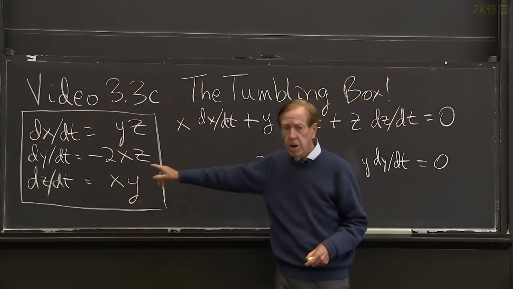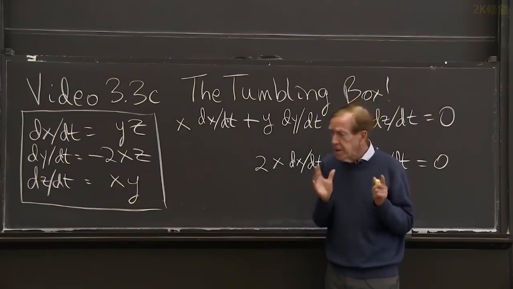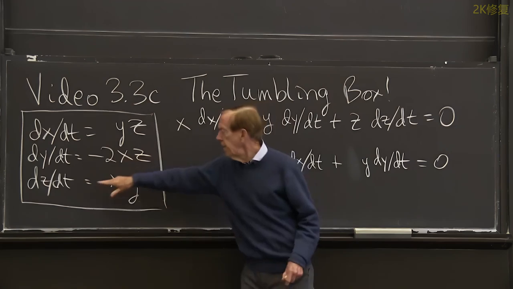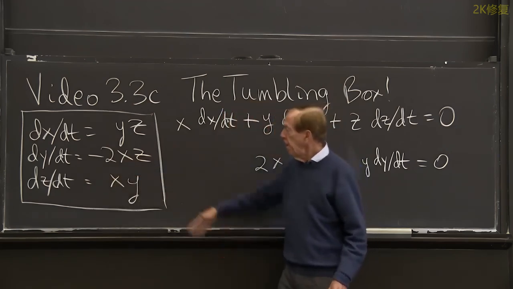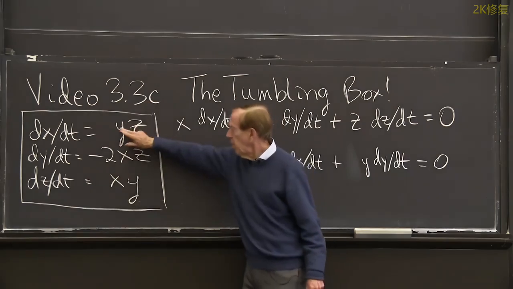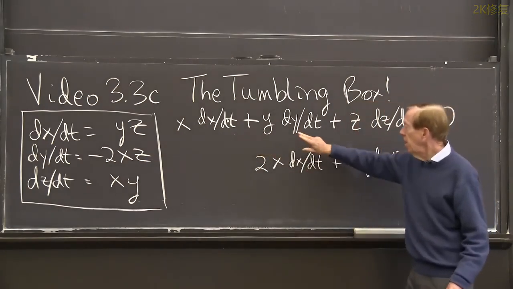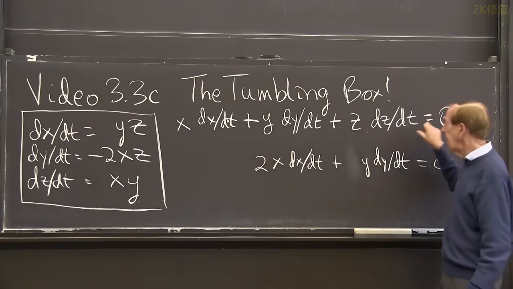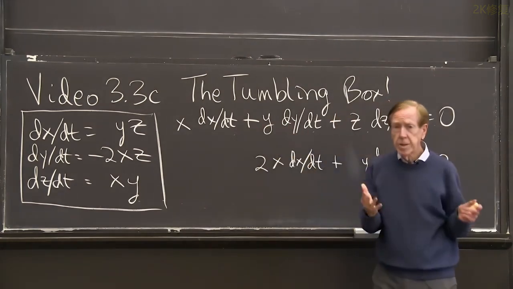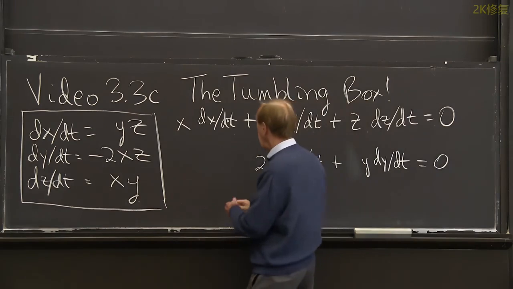Before I find the critical points, notice some nice properties. If I multiply this equation by x, this one by y, this one by z, and add, those will add to 0. When there's an x there, a y there, and a z there, I get a 1 minus 2 and a 1, they add to 0. So x times dx/dt, y times dy/dt, z times dz/dt adds to 0. That's an important fact. That's telling me that the derivative of something is 0, so that something will be a constant.